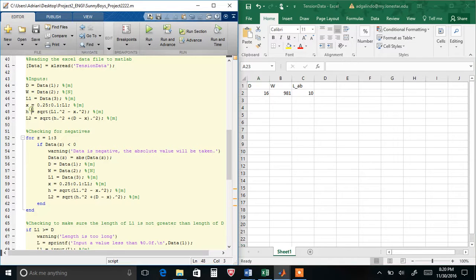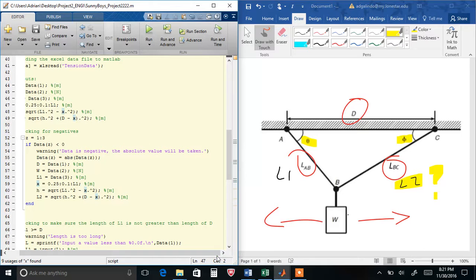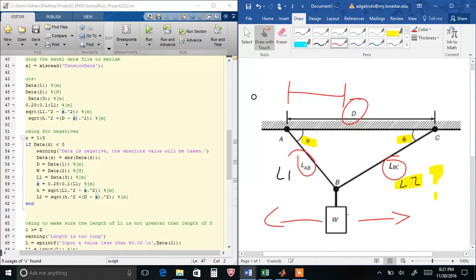Then we have this X value. This X variable is a range that we created that represents the distance from point A to the weight. X will be this distance right here.